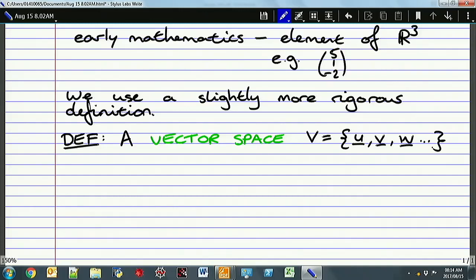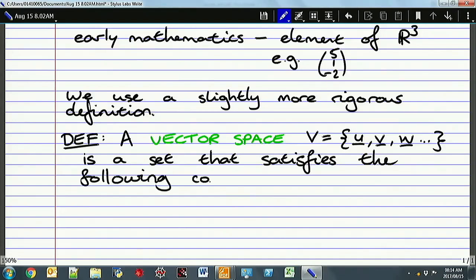A vector space V is a set that satisfies the following two conditions.